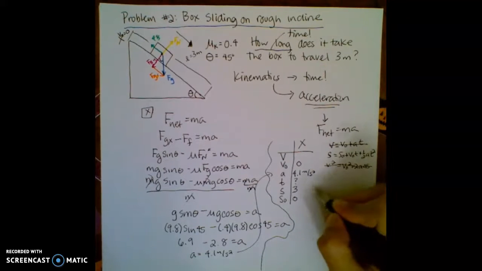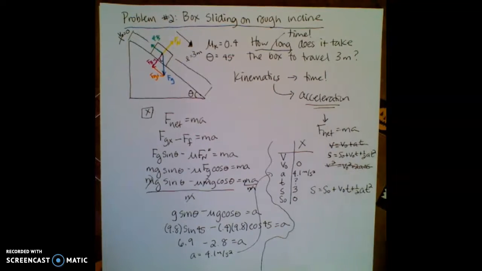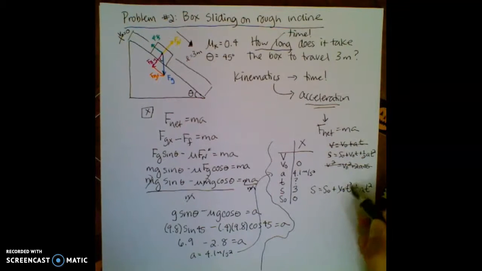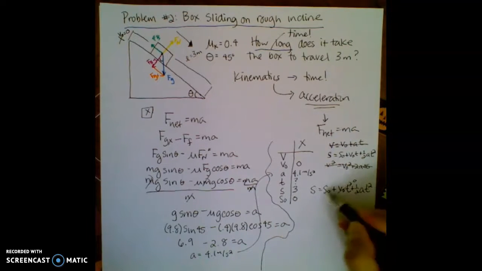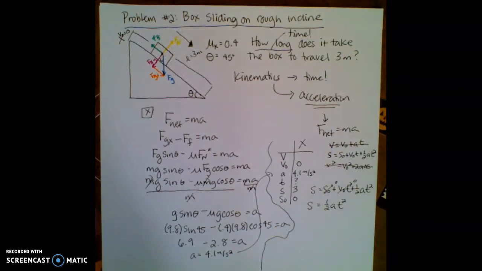All right, so I have S is equal to S naught plus V naught T plus 1/2 AT squared. Okay? And I'm looking for T. Now, what's cool here is that the initial velocity is 0, so this whole middle term goes to 0. And S naught is 0, so that drops out. So I'm left with S is equal to 1/2 AT squared. Well, that's nice and simple.